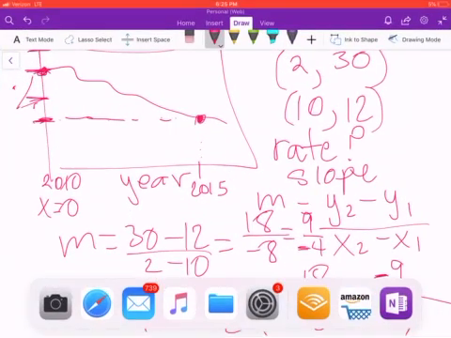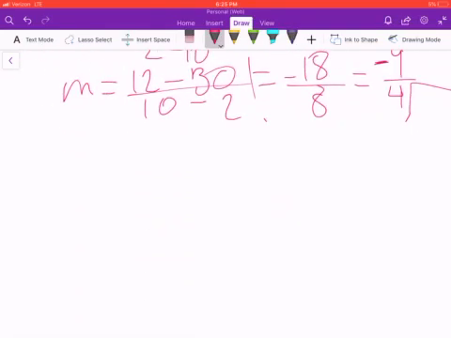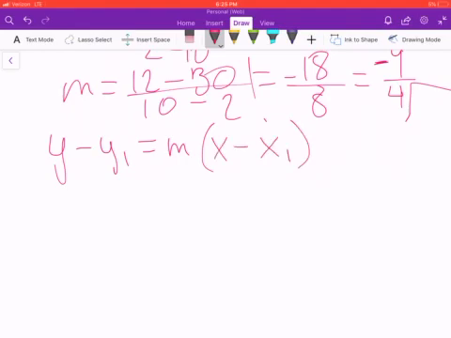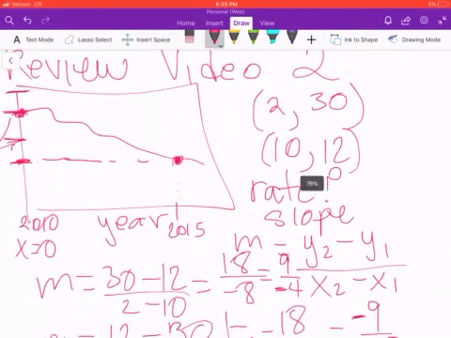So we have that as the rate, and what we do now is find the linear function. Once we have the slope, we could use the point-slope formula, which is another one that you should remember. From here, you could take any point you wish.